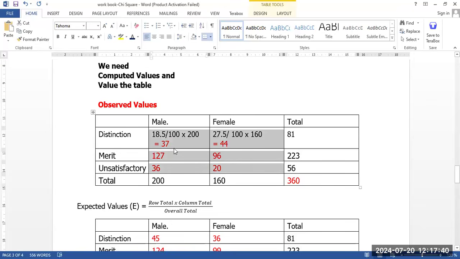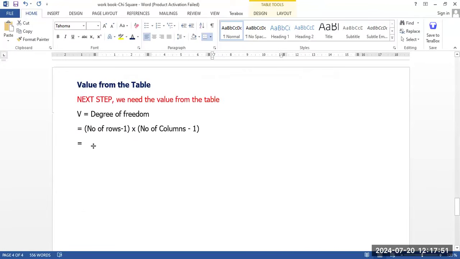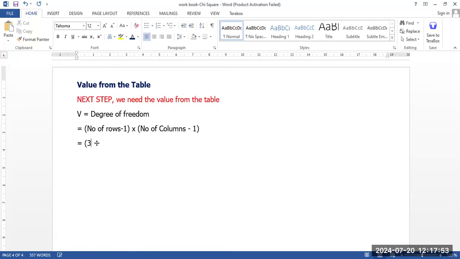So how many rows? 1, 2, 3. How many columns? 1, 2. So the number of rows is 3 minus 1, multiplied by the number of columns 2 minus 1. This will be 2 times 1, which is 2.